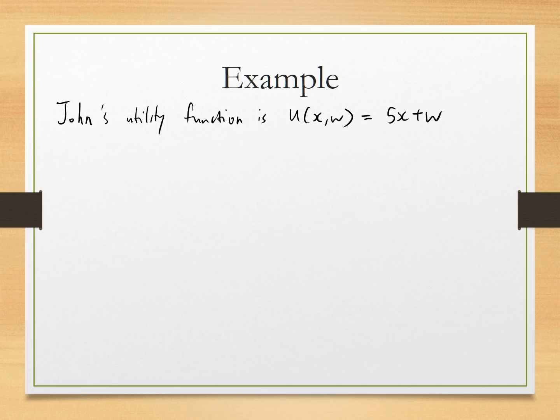Now, in this function, we have two arguments, where x is the number of oranges and w is wealth, right? So that's a very typical economic application. You have a utility function that depends on money and some product that the individual can buy. And he cares about money and he cares about whatever he is buying.